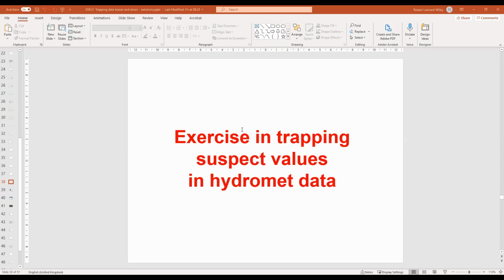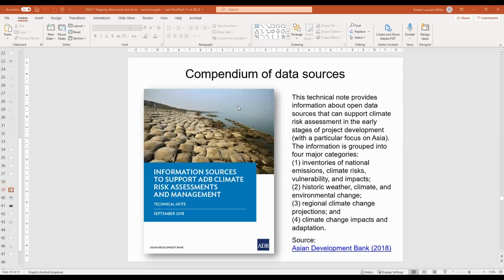Just before we go into the exercise, I'd just like to say a few words about where we might find lots of meteorological and hydrological data and climate model information in the public domain. Often just having access to data can be an obstacle to our research, but a year or so ago, I undertook some work with the Asian Development Bank, where they asked me to basically look all over the world for where we could find data sets in the public domain.